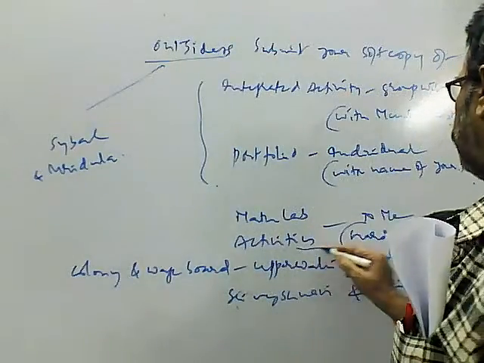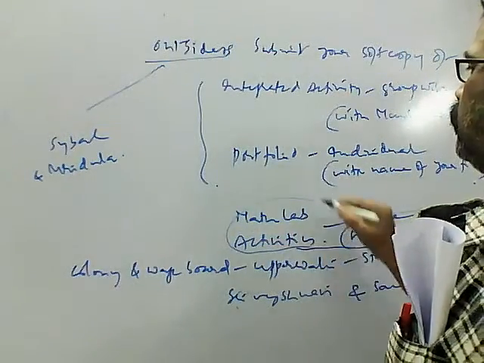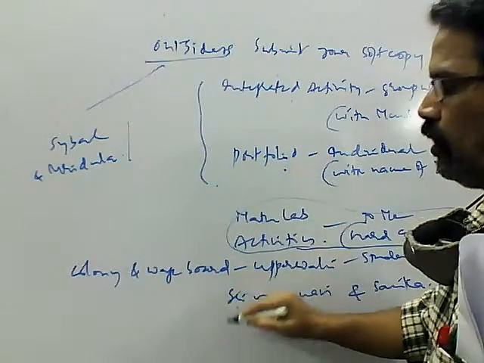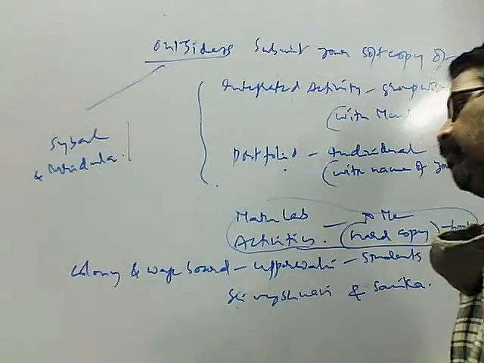Maths lab activities you can submit to me as hard copy, and portfolio and integrated activities, soft copies only should be given. These two are for outsiders and these two are for Colony and Wage Board and Parvahi.